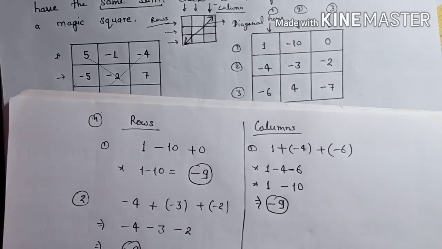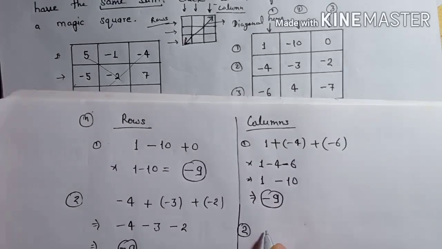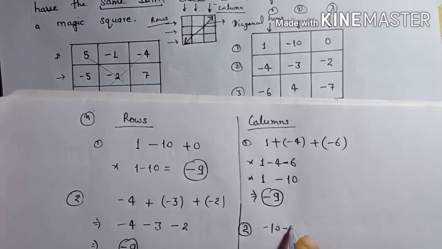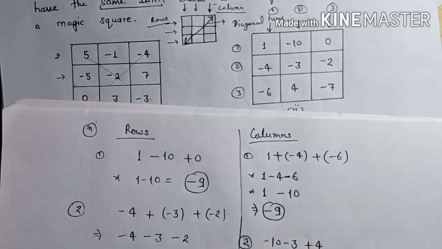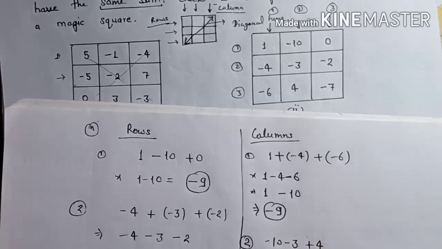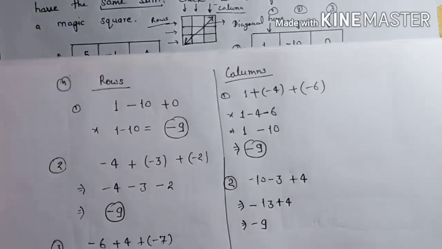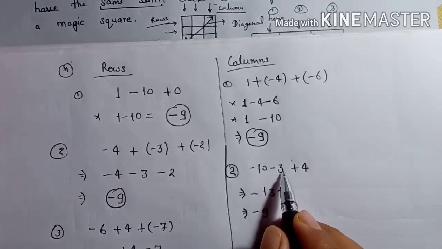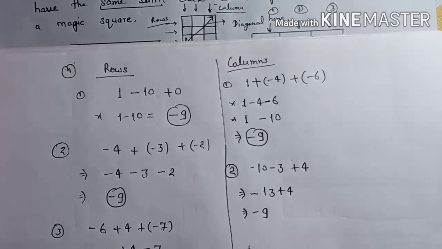At the second column, we have -10, -3 and 4. You can see that -10 and -3 became -13, and plus 4, the answer is -9.